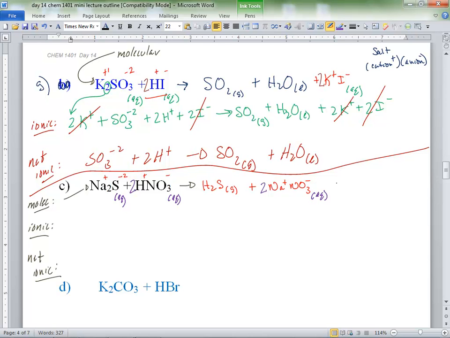Right? And then help yourself out by not doing this. I thought you said to do that. Yeah, we did, but that's nitrate. That's a negative. That whole thing goes together. Right? Memorize nitrate, NO3 minus. So that's what this is. So it has to be that one.